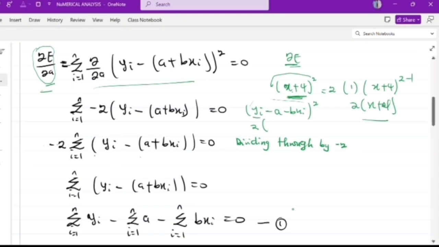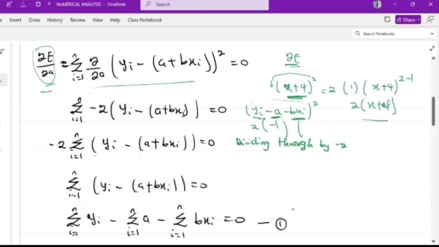So this one is constant, this one is constant, and the derivative of a constant is 0. So here is 0. Now if I differentiate negative a with respect to a, I'll get negative 1, and this one is also 0.